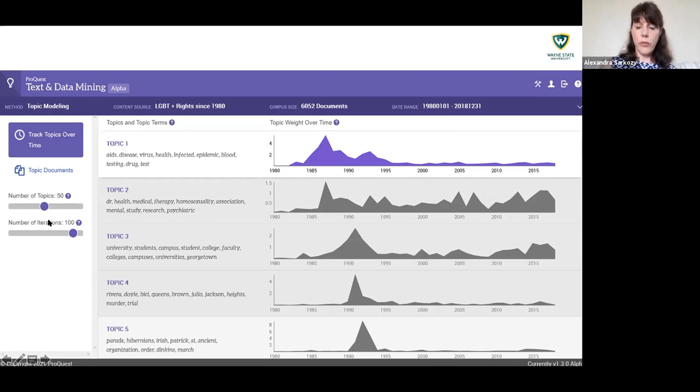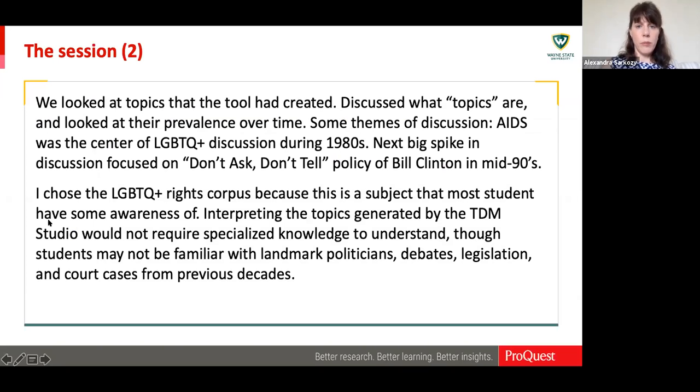So that was something that the visualization was able to bring home. It was able to explain topic modeling without a huge mathematical discussion, and also to do it in a way that students could understand, on subject matter that students could understand, even though they may not be familiar with the landmark politicians, debates, legislation, things like that.